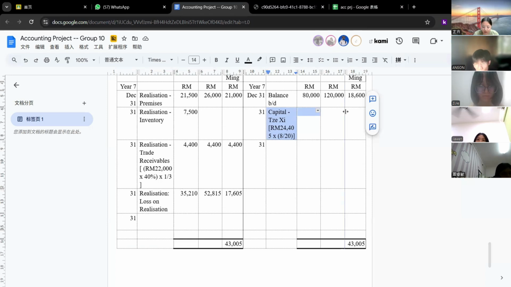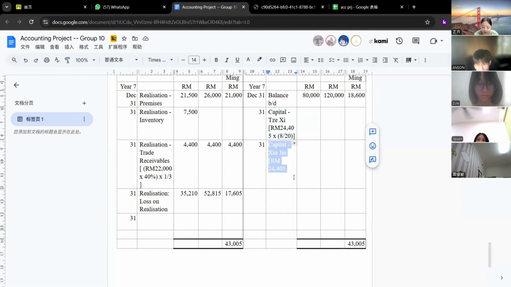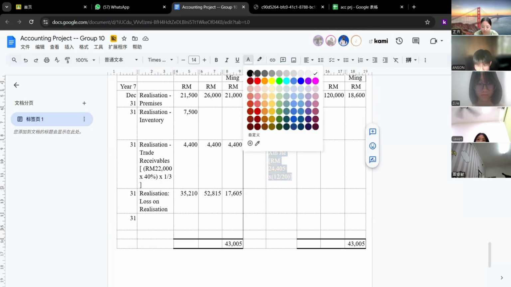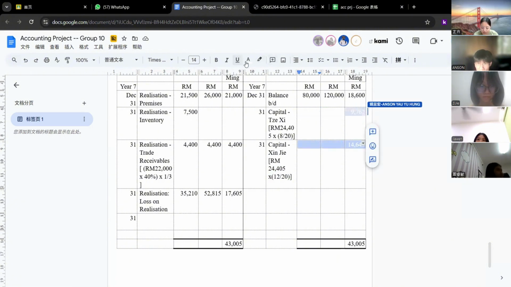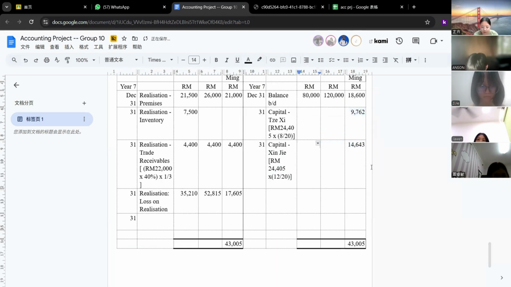And then next we also need to write capital Xingjie 24,405 ringgit, and then we must also times the ratio of capital account, which is 12 of 20, and next we will get 9,762 for Zixi and 14,463 for Xingjie.